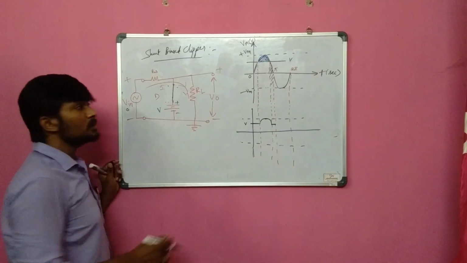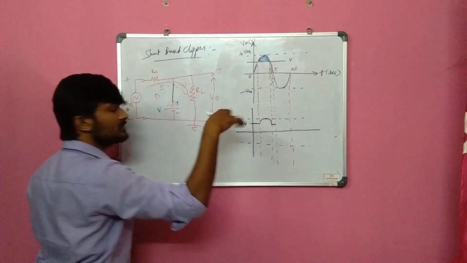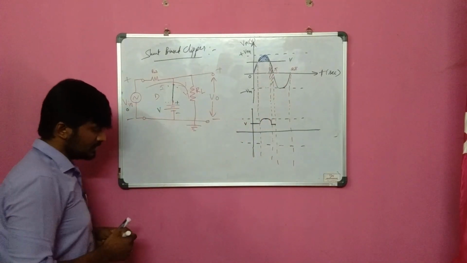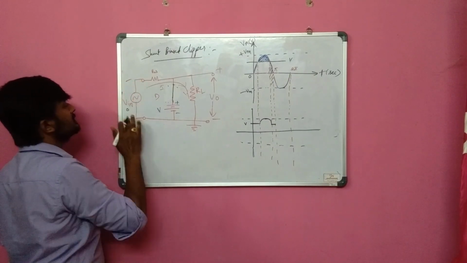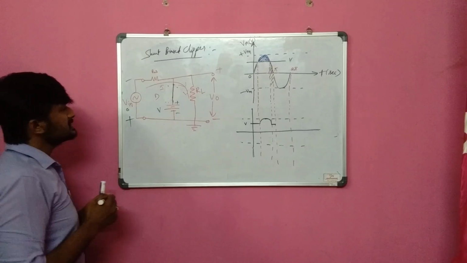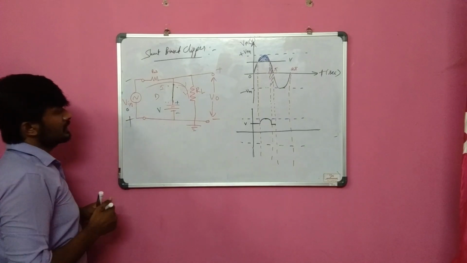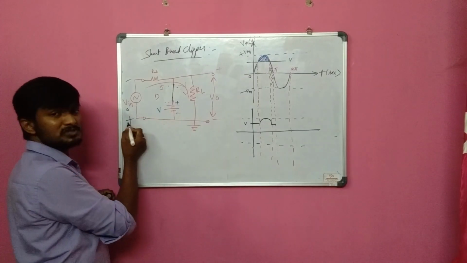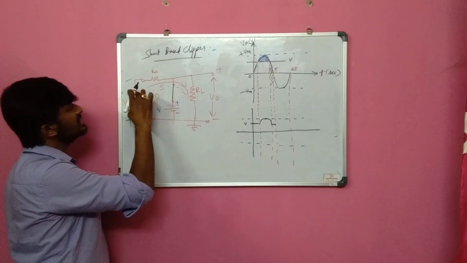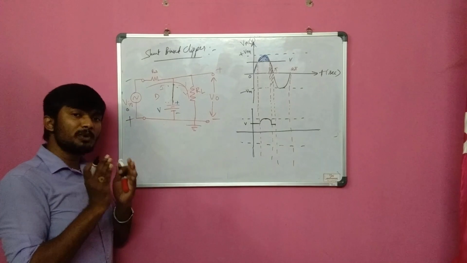Now let's talk about what is happening from pi to 2 pi, that is, the negative half cycle. For the entire negative half cycle, I can consider the polarities as minus and plus. Now see what happens. Look at the battery here: plus minus, plus minus. So the next terminal is again plus. So this battery and this input voltage together form a common battery.